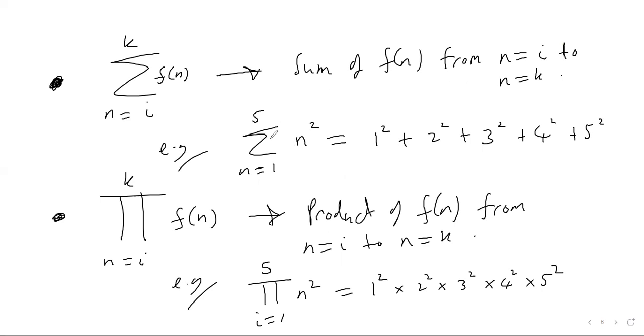So for an example, if you want to sum from n equals 1 up to 5 of this n squared function, then this is the same as doing 1 squared plus 2 squared plus 3 squared plus 4 squared plus 5 squared. So you're summing all of the square numbers from 1 to 5, because this function is the square numbers, where n is an integer.